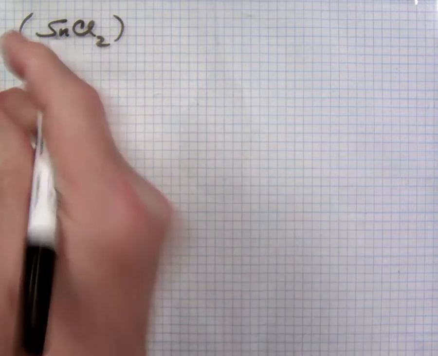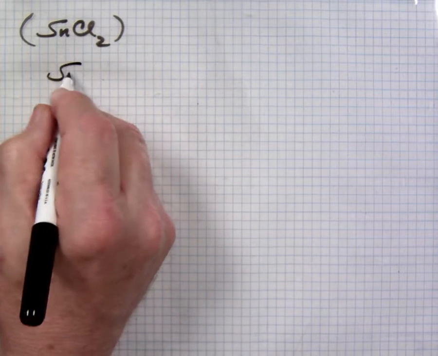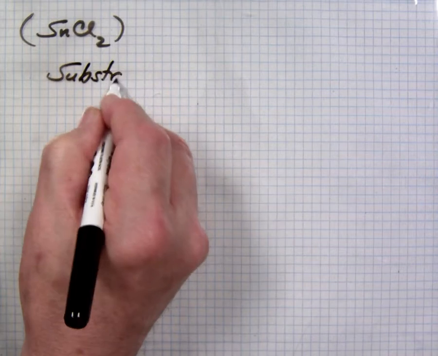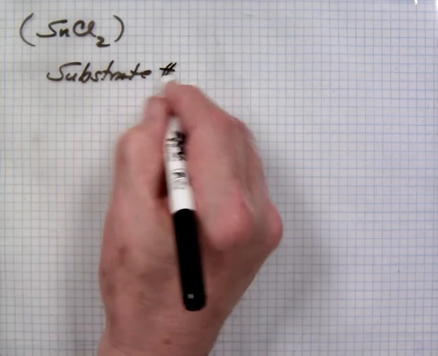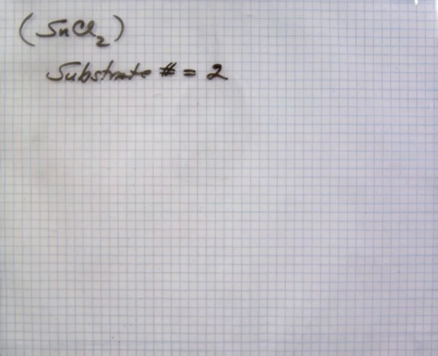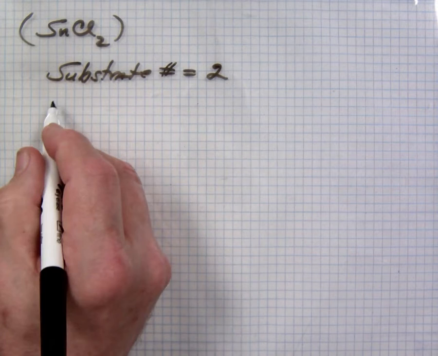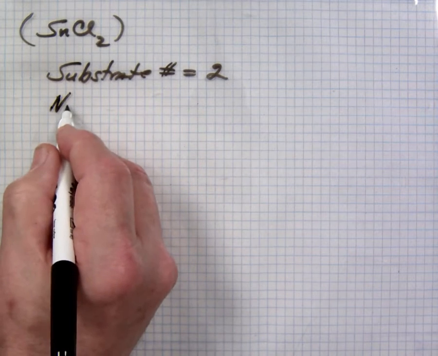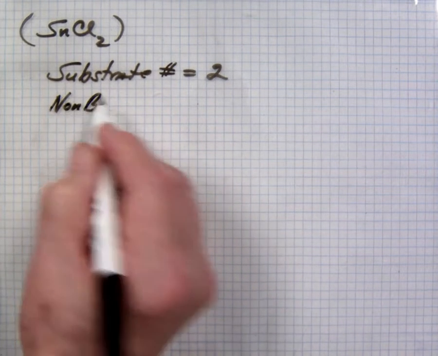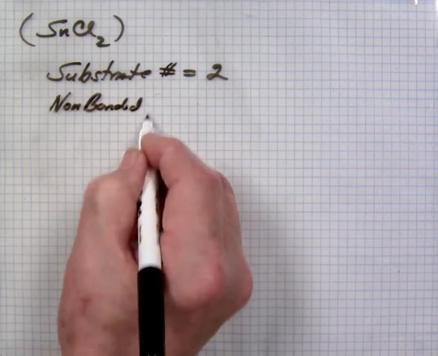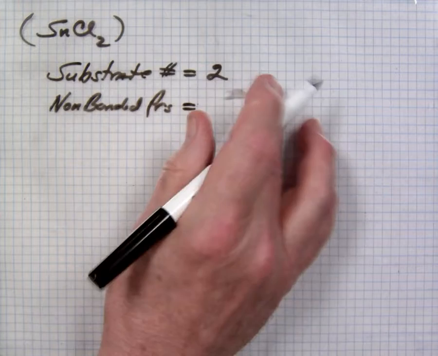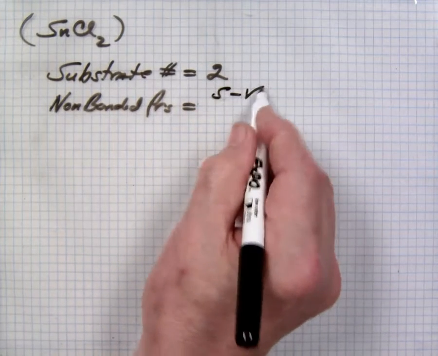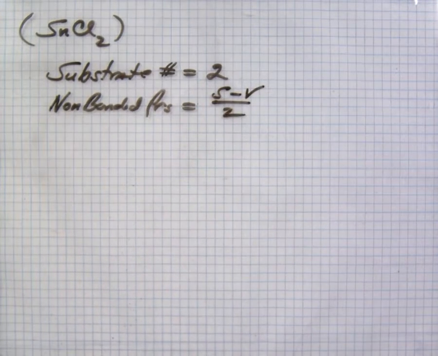Okay, so we want the valence number. Excuse me. I've got so many terms running around. Substrate's easy enough. We need 2 things, substrate number and the number of free pairs, and then you calculate it. Substrate number is 2. Okay, so that's easy enough, right? Okay, so now our free pair, non-bonded pairs, is equal to valence minus substrate over 2.